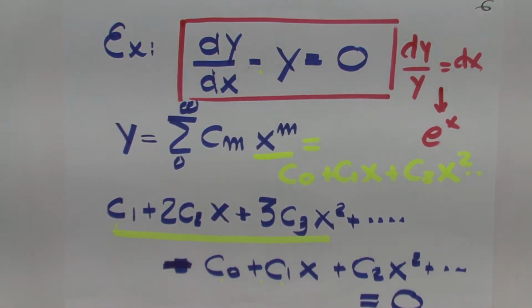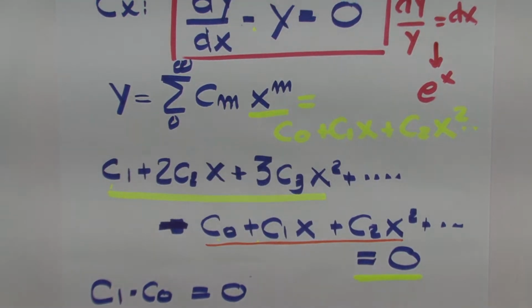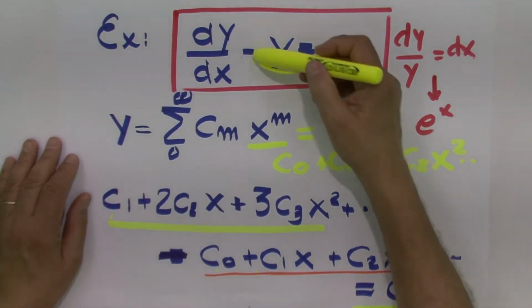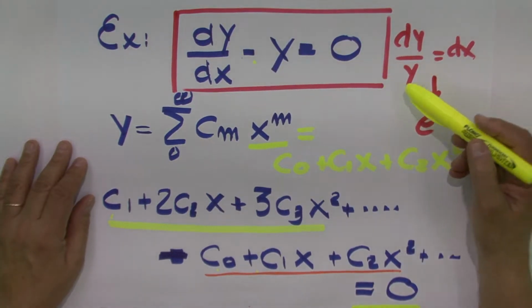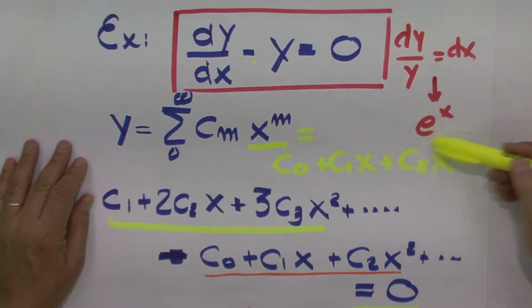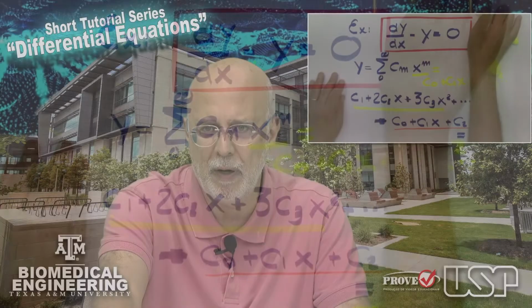So this is the first derivative, and this is the function itself, and everything has to be equal to 0. I have now transformed the simple differential equation. I know we can solve it by other methods, I did already, but forget about this now.